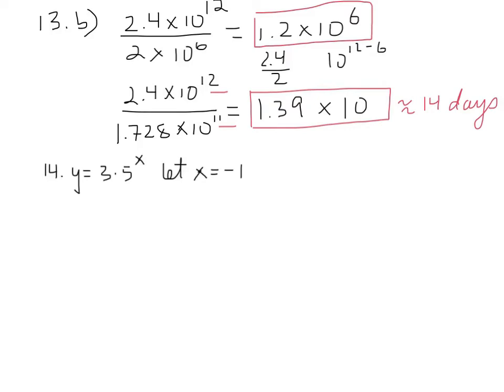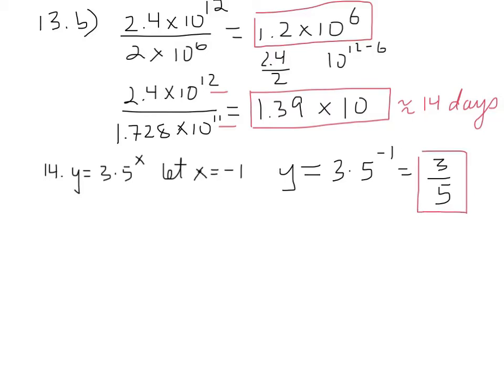Number 14 asks you to substitute in values for variables. So in this case, y equals 3 times 5 to the x. X is negative 1. So we substitute in negative 1 for x, and we get 3/5 because that negative exponent makes 5 go to the denominator.